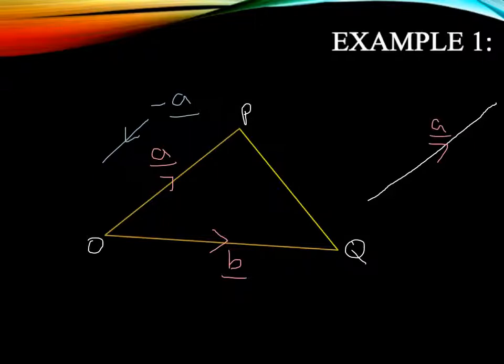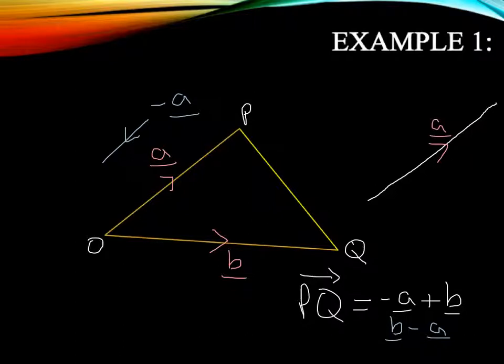So I can go along here, minus A, and along here, positive B. So I could say that P to Q, and we write this like this, P, Q, with the little arrow above, which just means going from P to Q, is minus A plus B. And I can tidy that up a little bit more by saying it's the same as B minus A. All I've done there is rearrange the algebra just a little bit, so I've rearranged this to be positive B, and this is negative A, I've just moved it over.